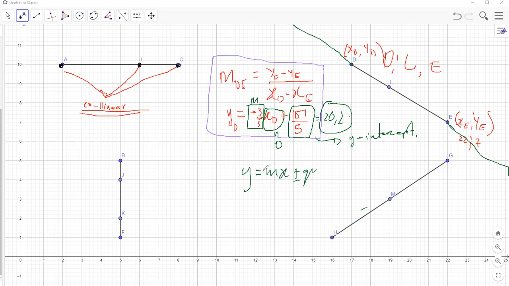Let me not confuse you, because you guys know if m is negative, then we're going to get this kind of line. M negative, and another way to say m is negative is to say m less than 0. Here we know m is positive, so another way to say m is positive is to say m is greater than 0.